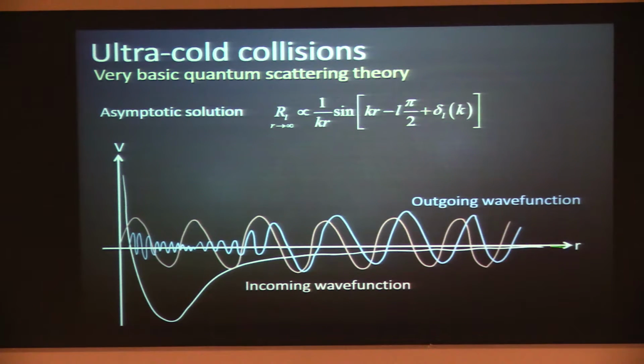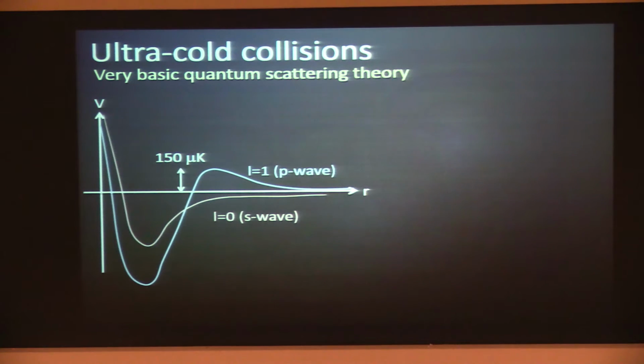So all there is in this simple version of quantum scattering theory is a phase shift associated with each partial wave that tells you how much the outgoing wave function is shifted in phase compared to the incoming wave function. That scattering amplitude we've traded off for this phase shift.